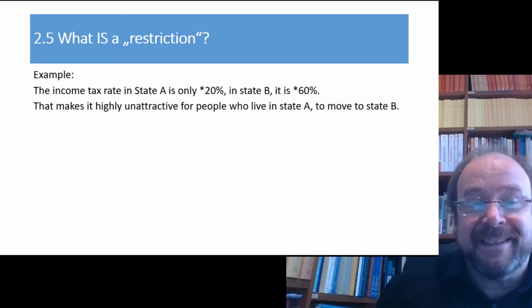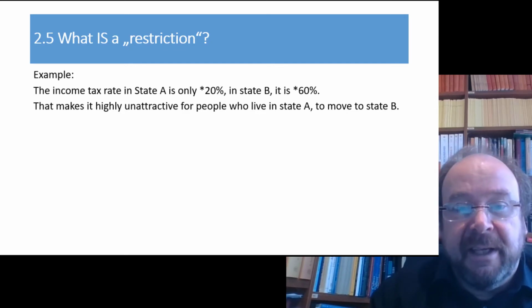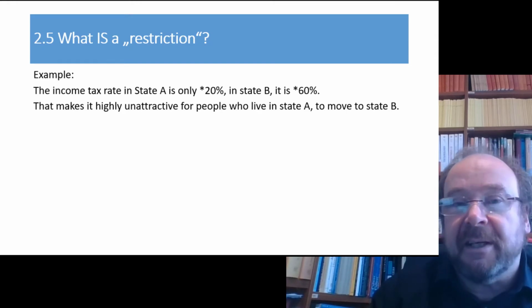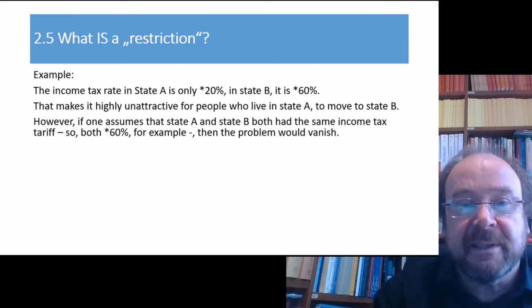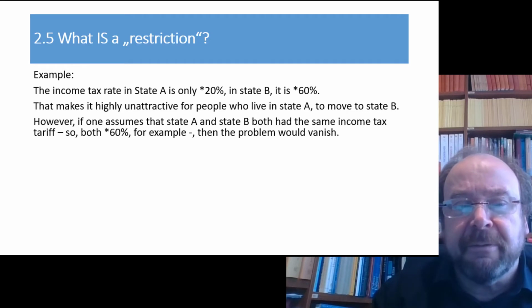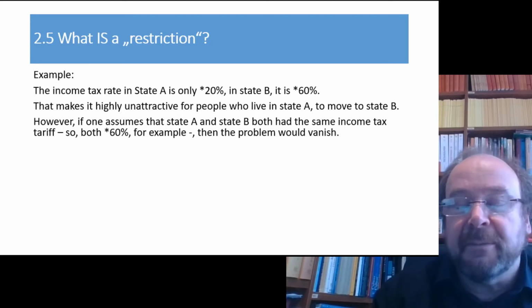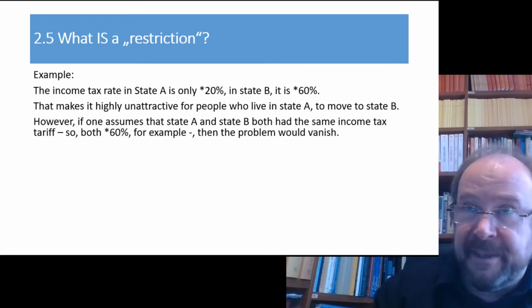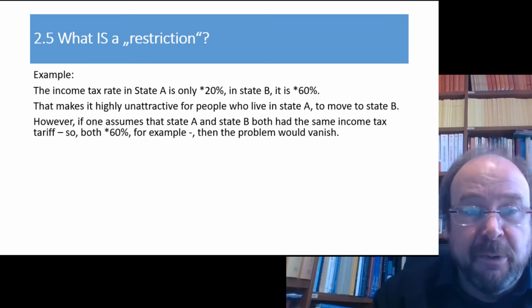Now, 60% is definitively very unattractive for people who live in state A. They, for example, are strongly deterred from moving their residence to state B. So here we have an effect which is a kind of an obstacle to one or perhaps several of the fundamental freedoms. But now let's, in our imagination, replace the laws of all other states by the same law as state B has. So all other states also now have a tax rate of 60%. Is the problem for moving still existent?